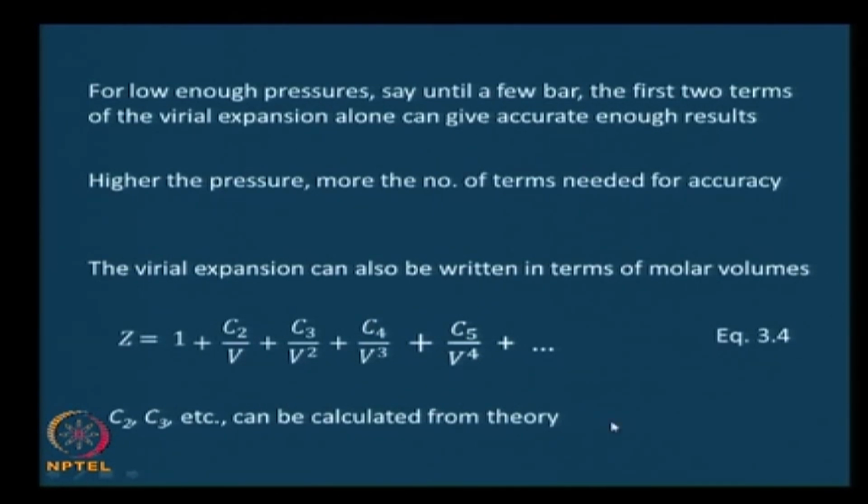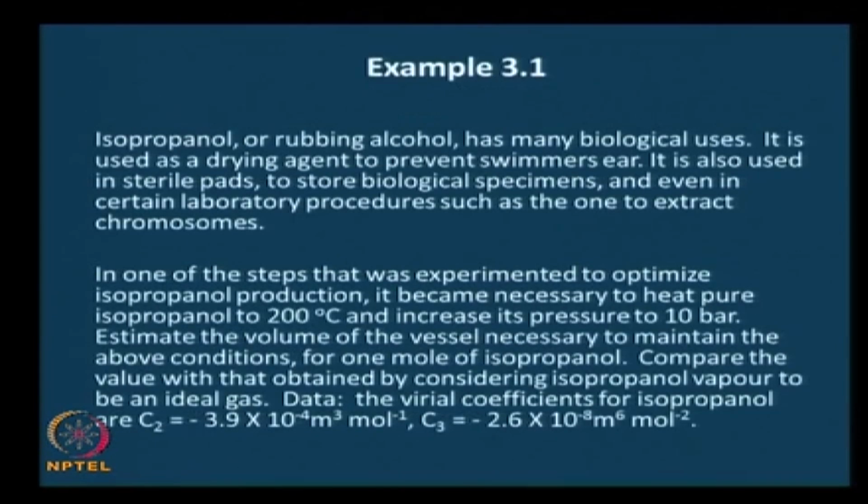Now, we have looked at some new information. So, let us work out an example or an exercise to understand this and gather the skills of application a little better. This is example 3.1. Isopropanol or rubbing alcohol has many biological uses. It is used as a drying agent to prevent swimmer's ear.